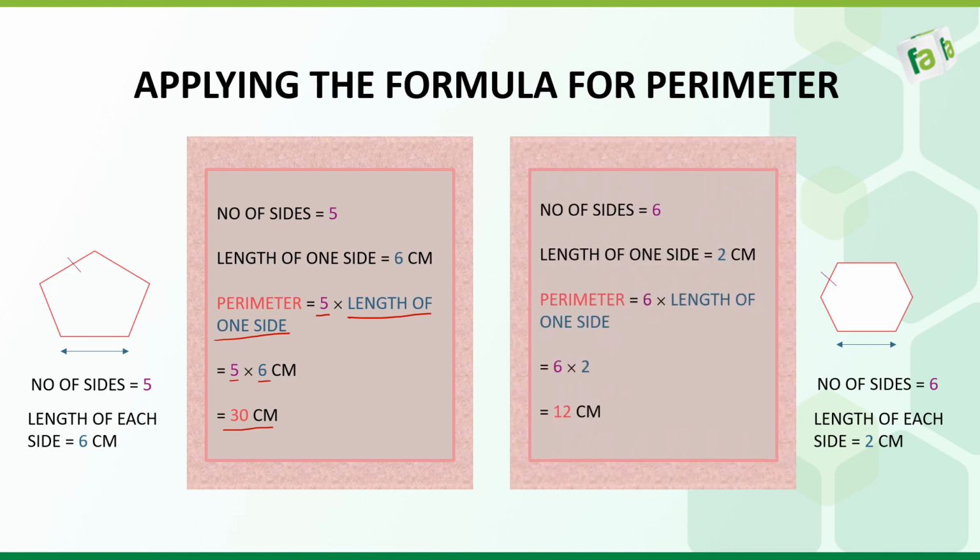So, perimeter of hexagon is equal to 6 multiply by length of one side, which is equal to 6 multiply by 2, which is equal to 12 centimeters.